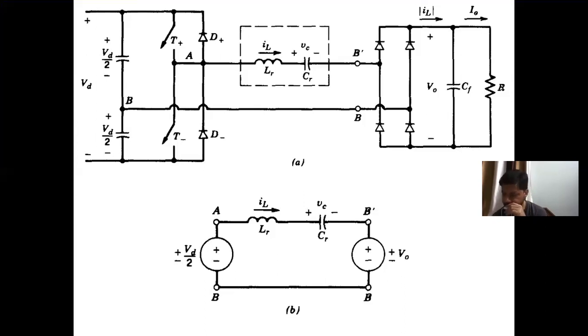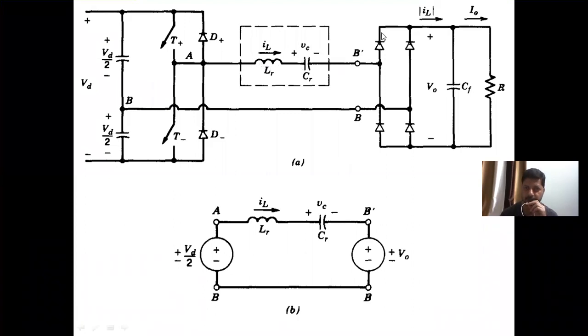So depending on which switches and which diodes are conducting, you can have a number of possibilities here as far as the input voltage V'(B) of the rectifier is concerned. If the inductor current IL is positive, the current will flow through this path.